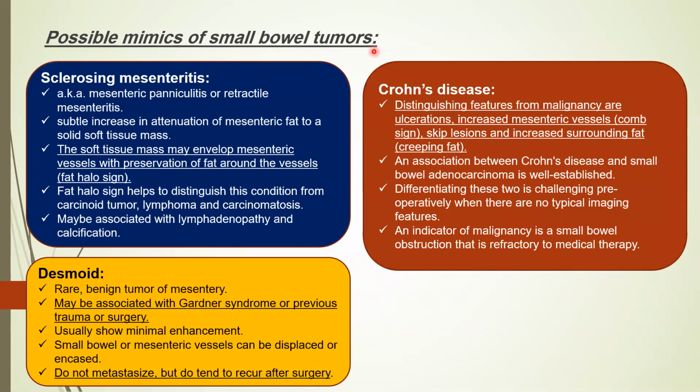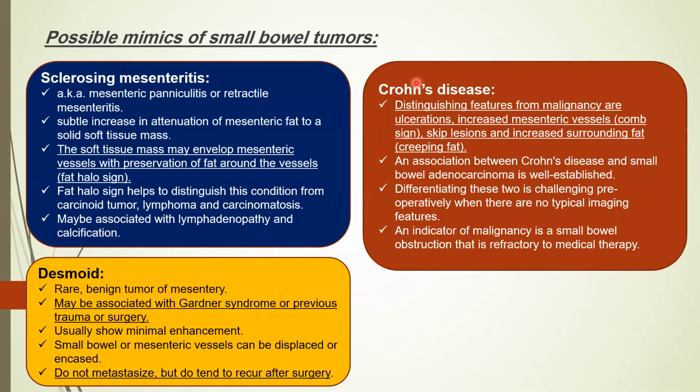And Crohn's disease also may mimic some small bowel tumors. The distinguishing features are the ulceration, but these features are not definite in differentiation of Crohn's disease from malignancy.